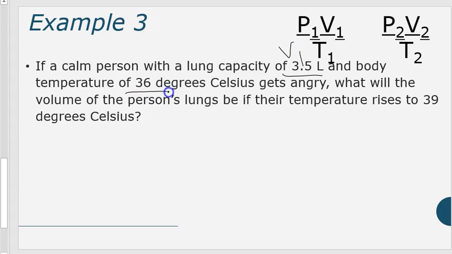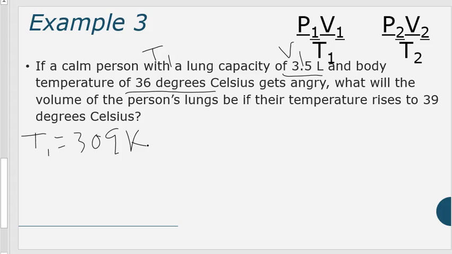They give us a temperature, so let's put T1, but there's something wrong with this temperature. Remember, we need this to be in Kelvin. So we would take 36 and we would add 273, and that would give us 309. So T1 equals 309 Kelvin.